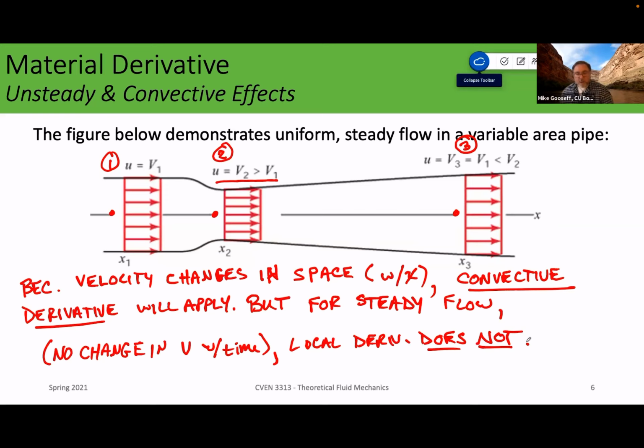That is in reference to the first term on the right-hand side of that material derivative equation. Because del t is in the denominator there, all we care about is what's changing with time. And velocity here, we're not given any information about a change with time. It is changing with space, okay?